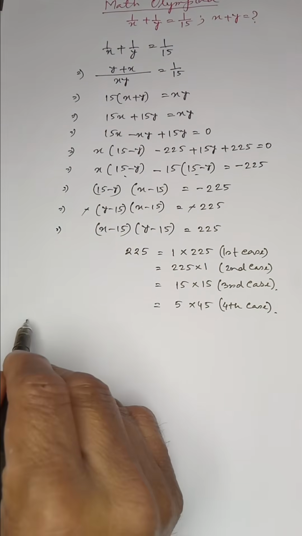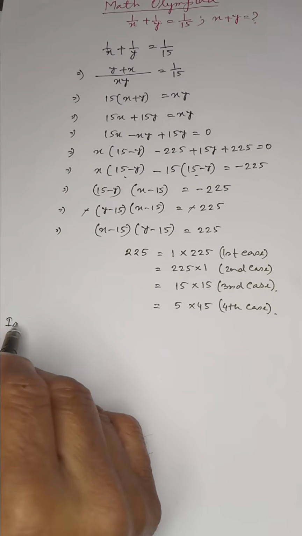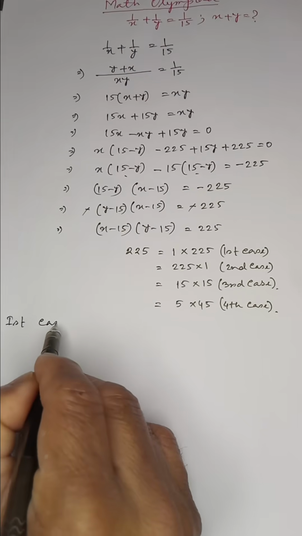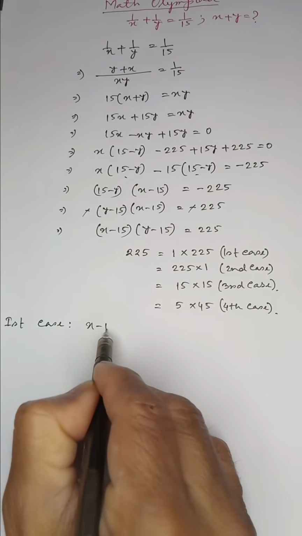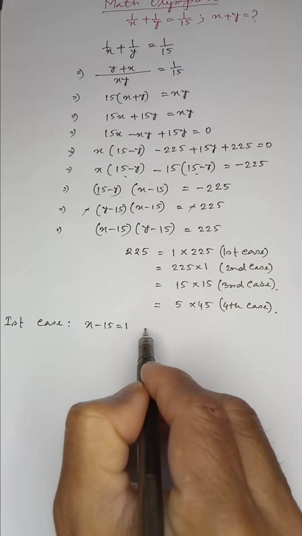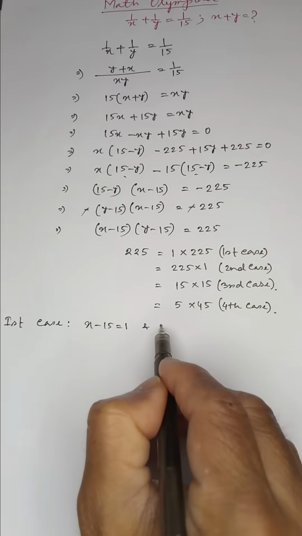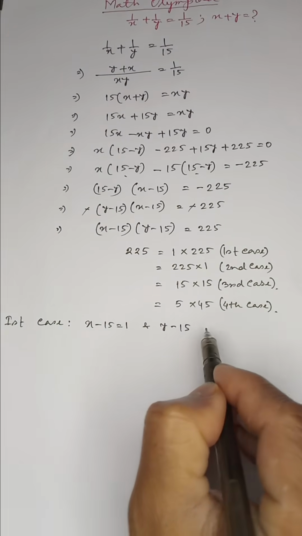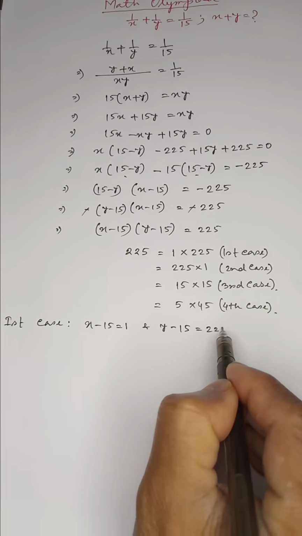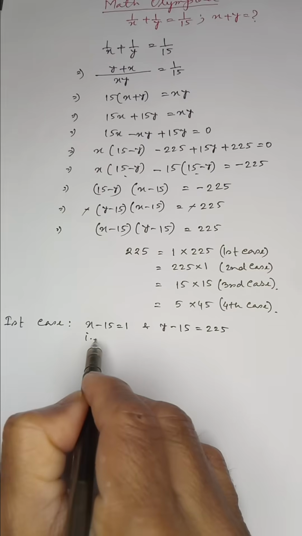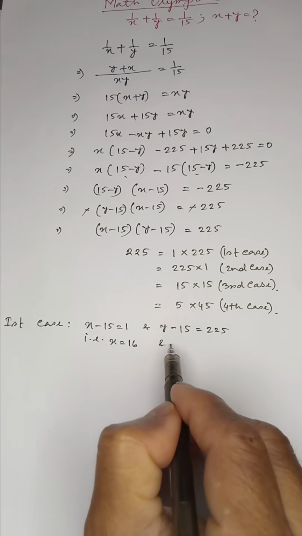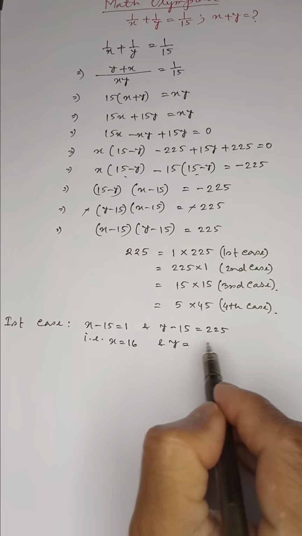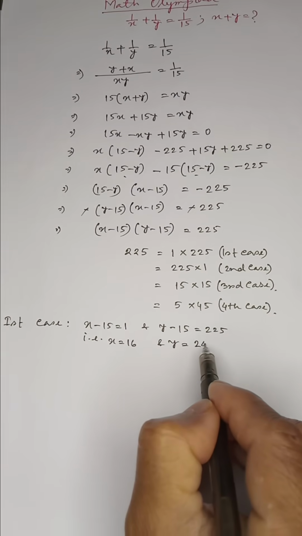In the first case, x minus 15 equal to 1 and y minus 15 equal to 225, that is x equal to 16 and y equal to 240.